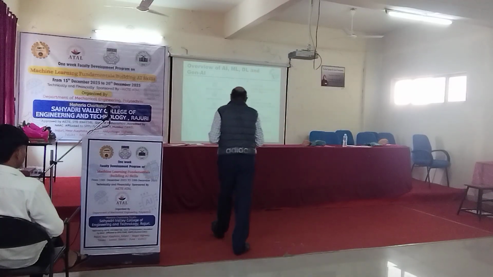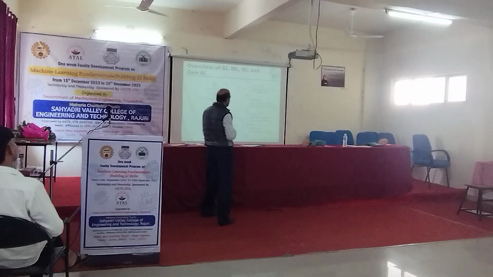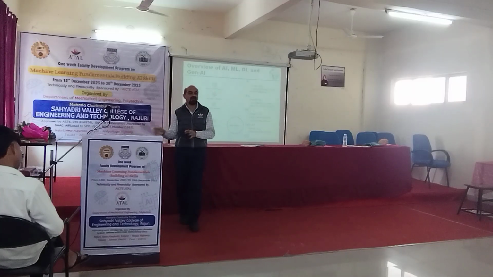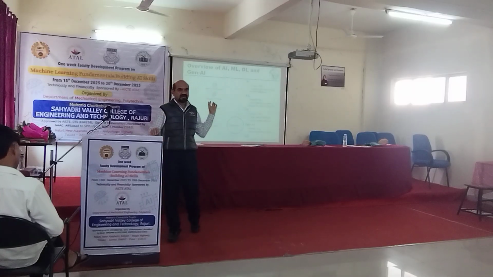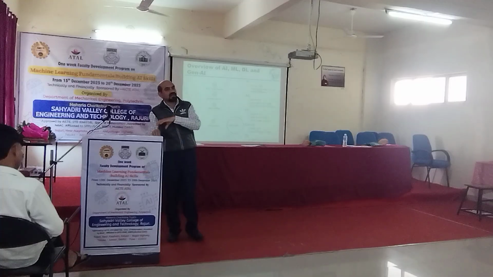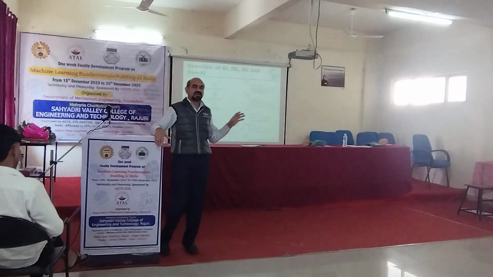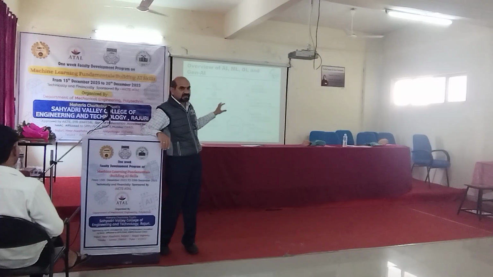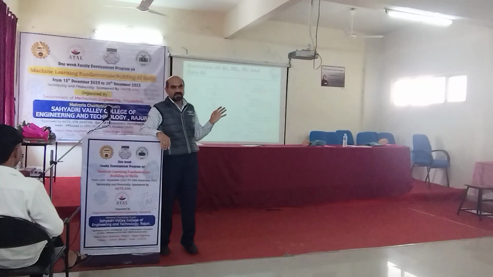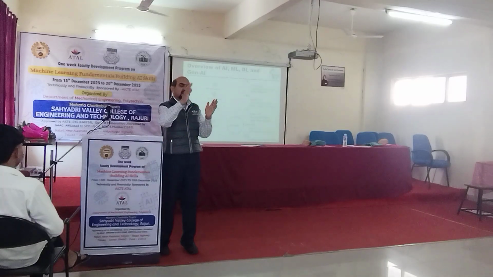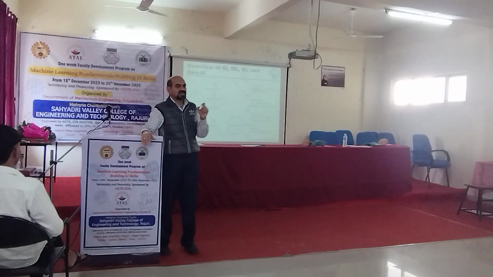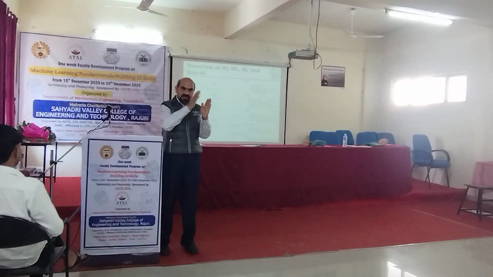Then next we move to DL. Again we can say DL is a subset of ML or AI. But here DL requires huge data. If ML requires big data, then DL requires huge data. DL works in multiple layers, at least a minimum of 7 to 10 layers to go through your data.